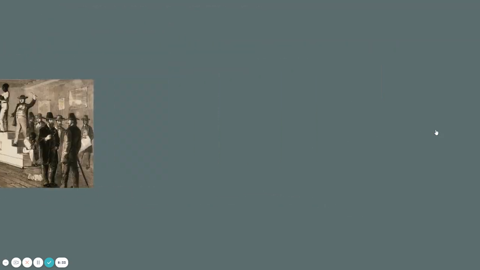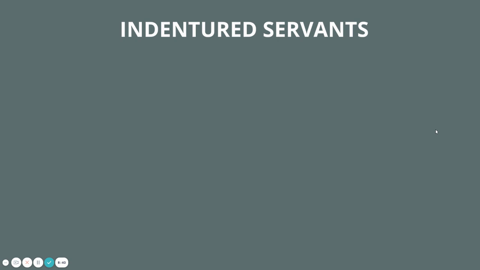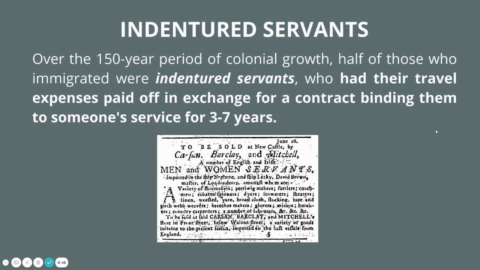So beyond the African enslaved groups of individuals, you also have individuals who voluntarily decided to put themselves into these enslaved-like labor conditions, and those were these indentured servants. We discussed how historians do believe that over 50% of the individuals who made their way over to the colonies in this colonial age were indentured servants.